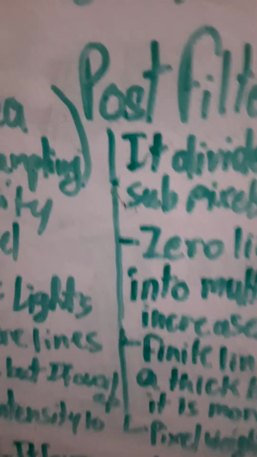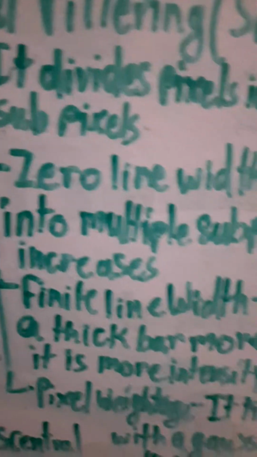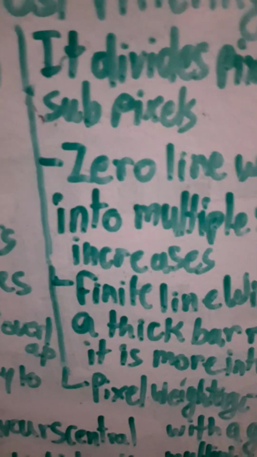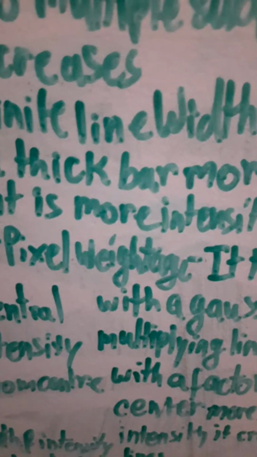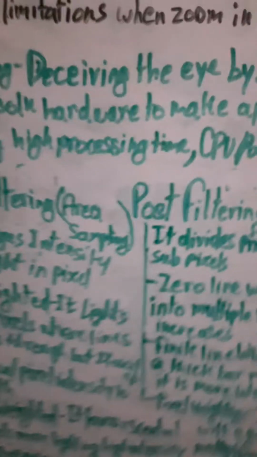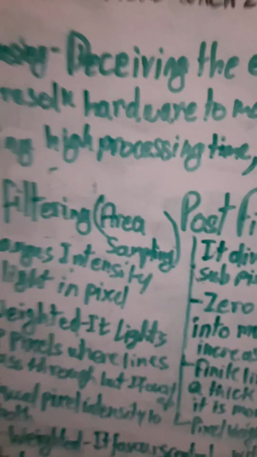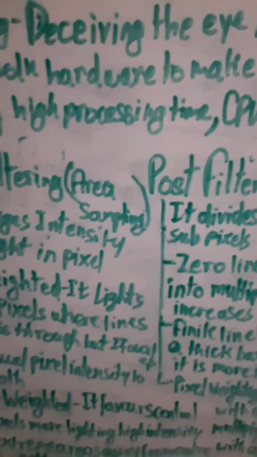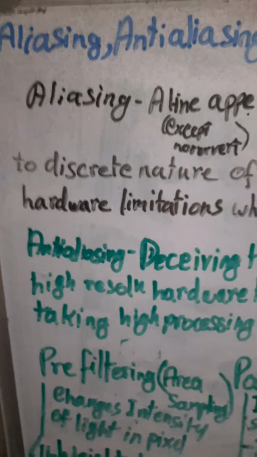If a line falls into multiple pixels, intensity increases. It thinks of a line as a thick bar. More inside of polygon, more intensity. So my definitions are correct. I have reduced the grammatical parts and made it much simpler, in more layman language, not much scientific language, but it is correct, according to the reference I am following.